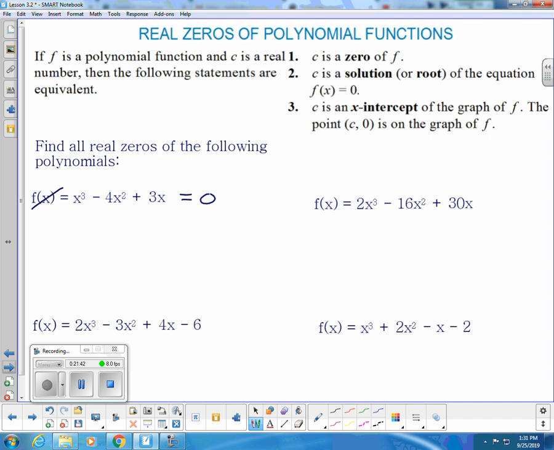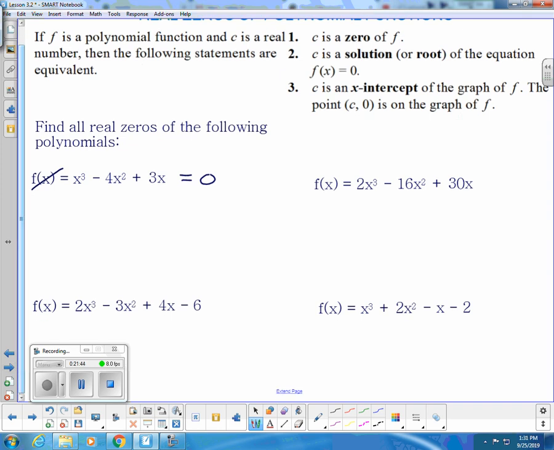So let's find the real zeros of this first function. And we are going to factor, and I know you guys love it. Factor out the x. And then factor anything further that we can. So this is a quadratic. Factors of 3 that add to a negative 4. Negative 3, negative 1.